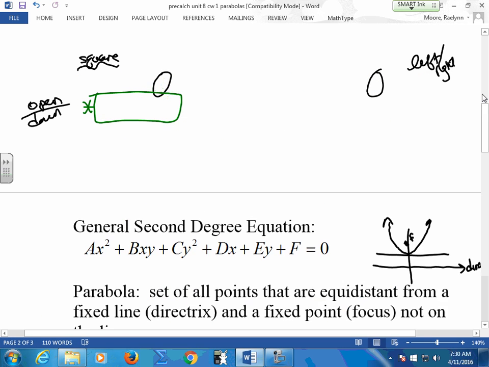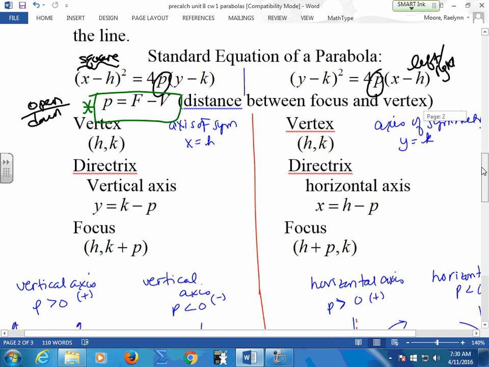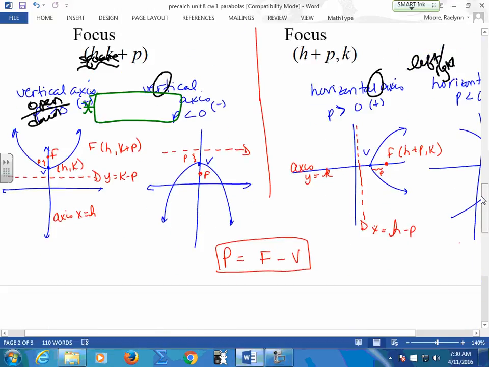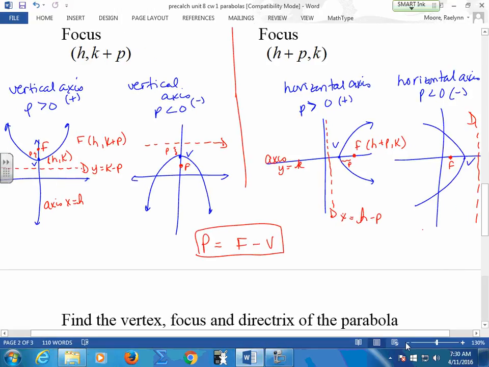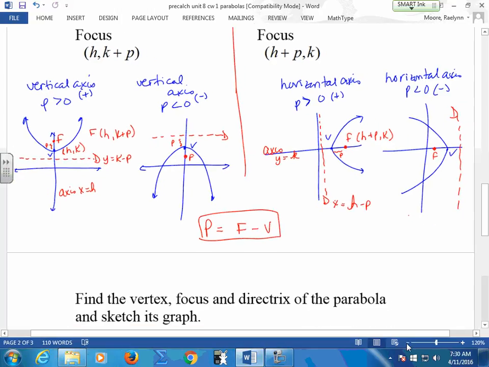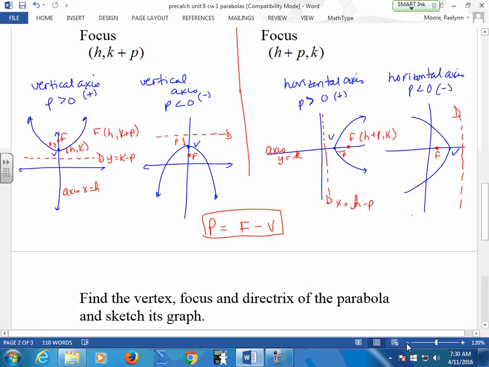And again, try not to memorize the formulas as much as get a feel for this. If you take a look at the pictures that I drew for you, it makes a little bit more sense. If P is positive, it opens up. Your focus comes in here. Your directrix is outside of it. I put the formulas next to here. But say my vertex is 0, 4.